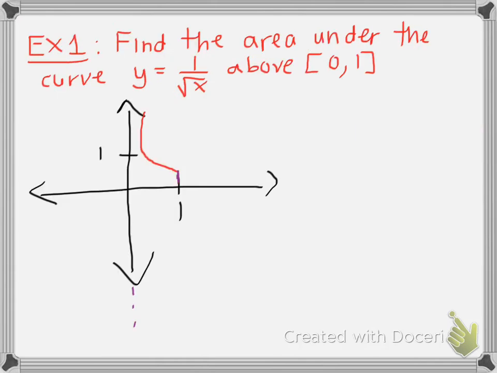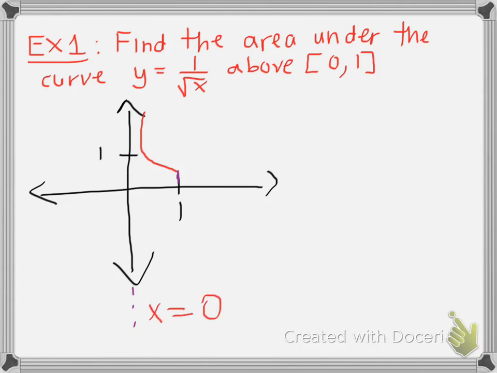Okay. So in example 1, we're going to find the area under the curve for this function here, y equals 1 over the square root of x, above 0, 1. Okay. So I drew a picture so we can get an idea what's going on. And as you can see from the picture, there's a vertical asymptote at x equals 0.